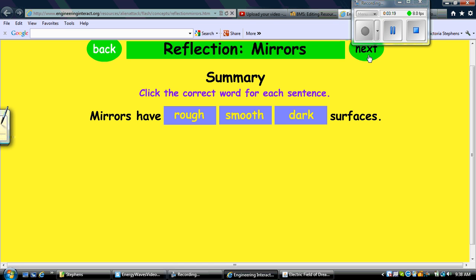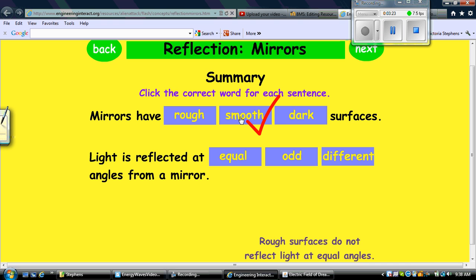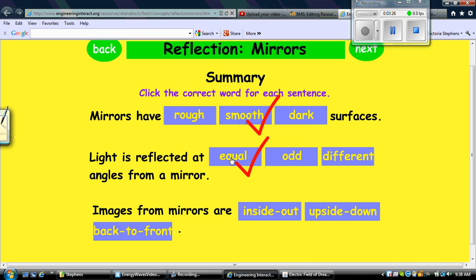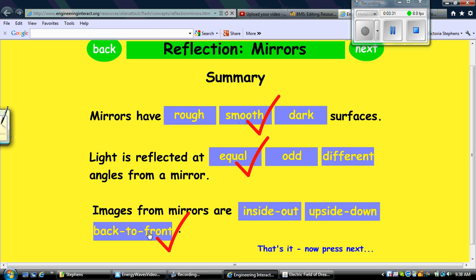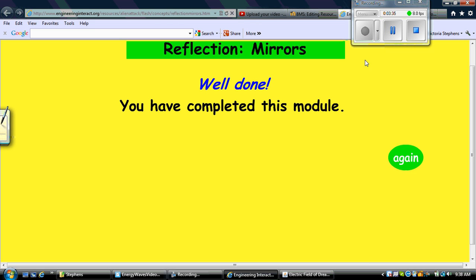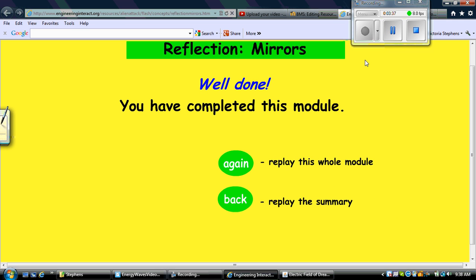Okay, so click on the correct word for each sentence. Mirrors have smooth surfaces. Light is reflected at equal angles. Images from mirrors are back to front. That's right. We're all rock stars. Okay.